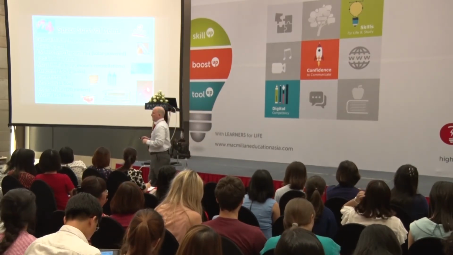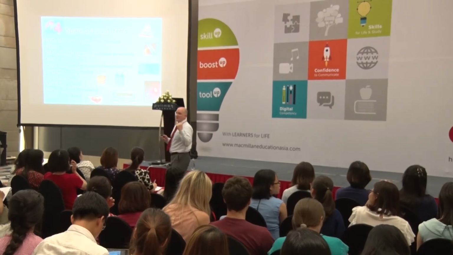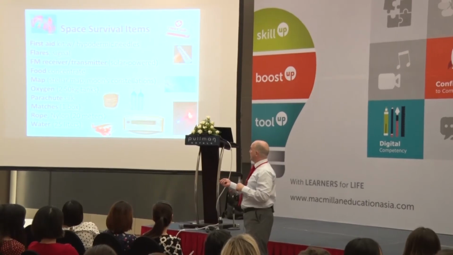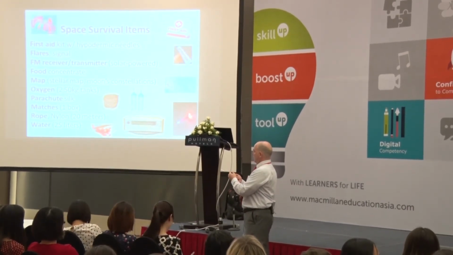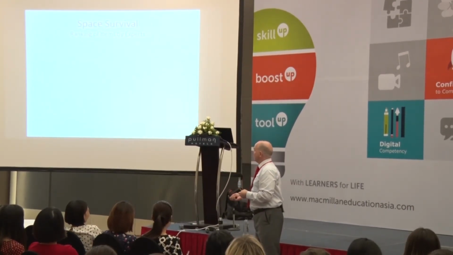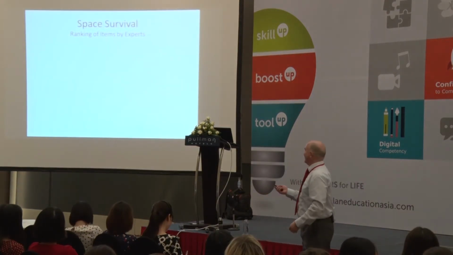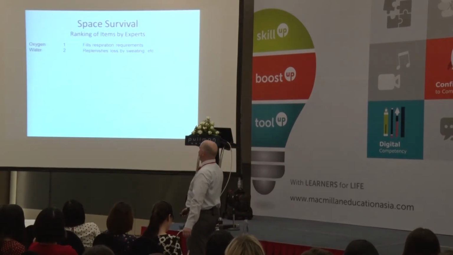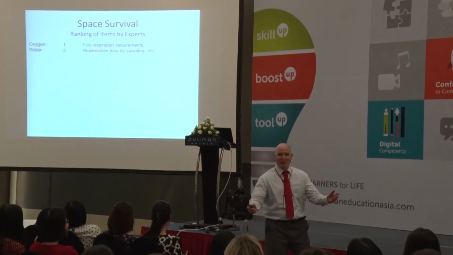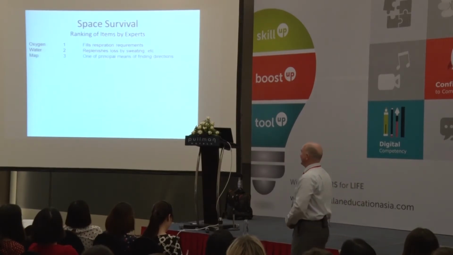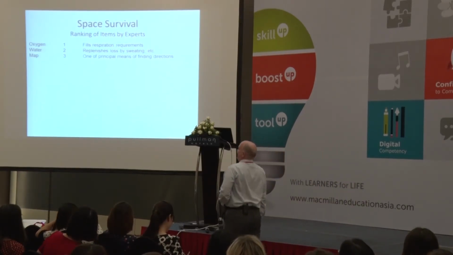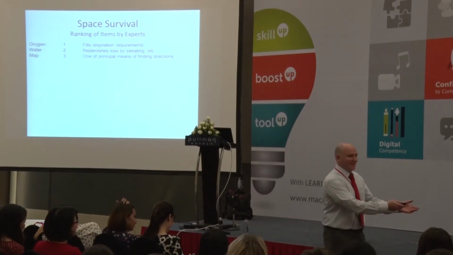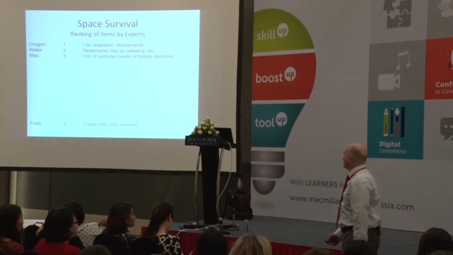But I will show you, when I contacted NASA last week to ask them about this, this is what they told me. They said, oxygen is number 1. Water is number 2. What's number 3? You can live for quite a long time on water, right? But you have to get there, so you need the map. I guess, I don't know.